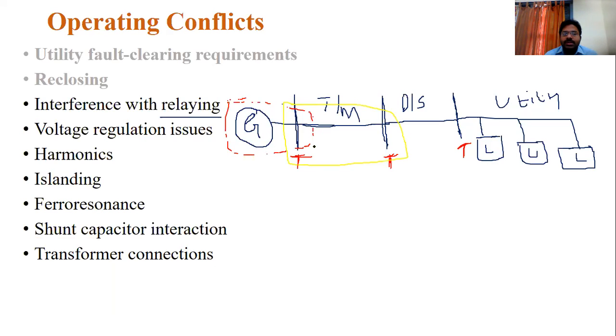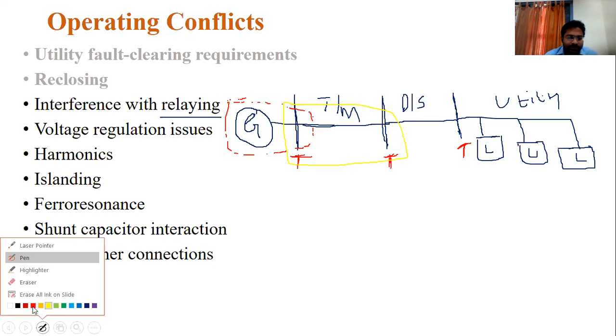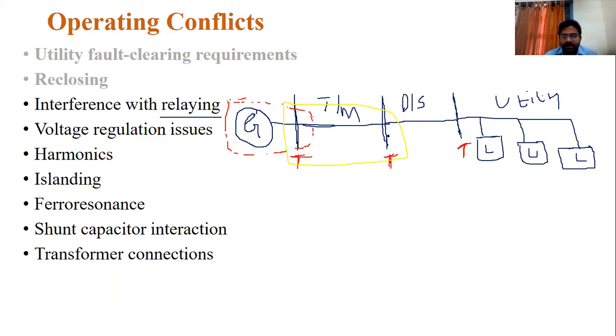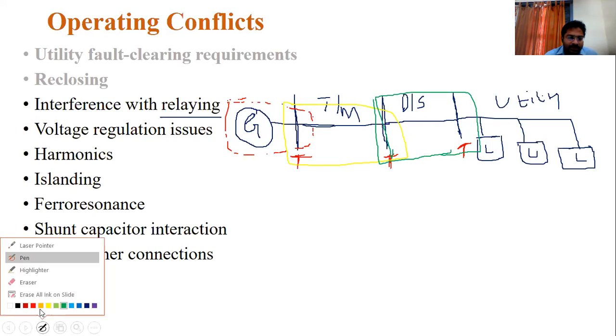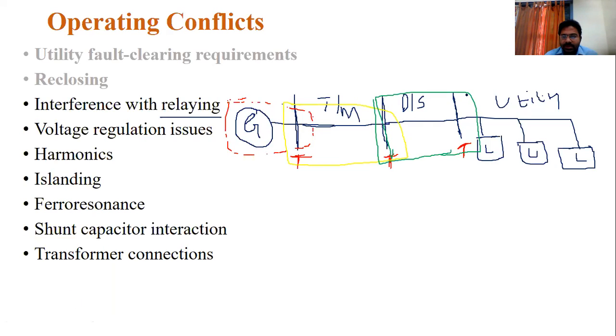This is the protective scheme for transmission systems. Next, this is the protective scheme for distribution. And with another color, this is the protective scheme for the utility. So you can see that four different protective schemes are employed.